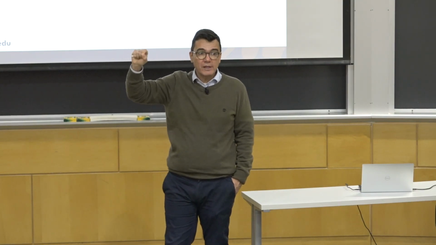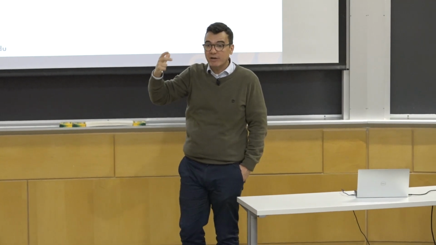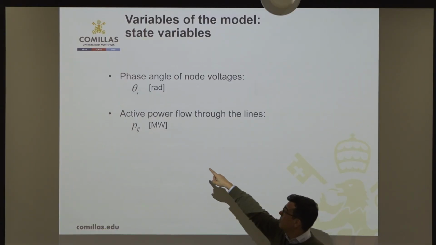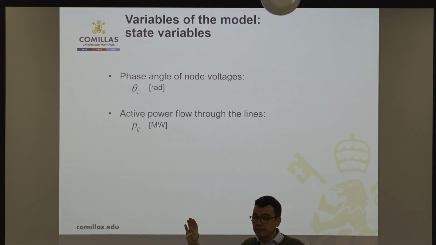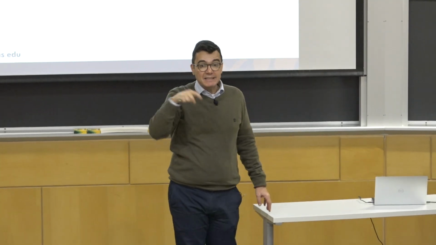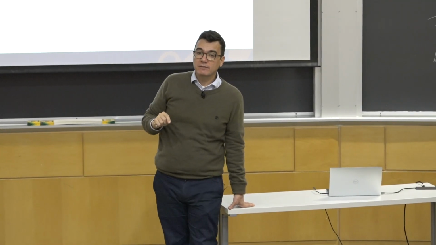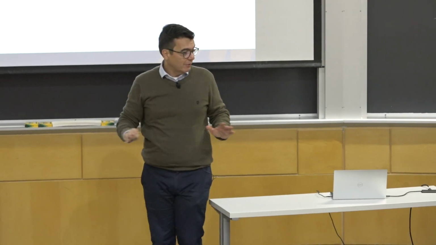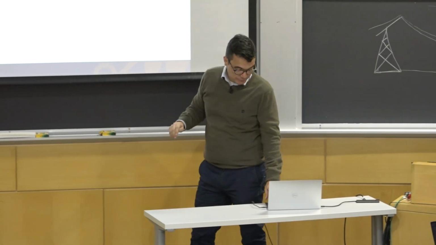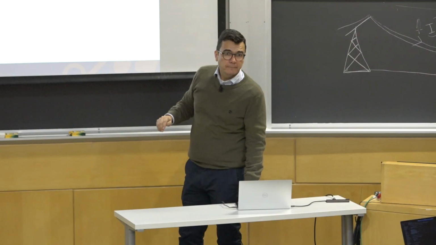In every node, you will have a different phase angle. And these are my variables. And the power flows through all the lines. Power flows of active power, because in this DC OPF we are neglecting the flows of reactive power. And that's all. They are all my variables.